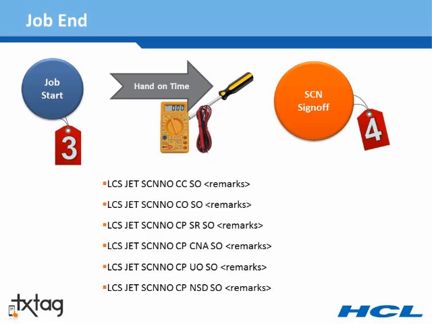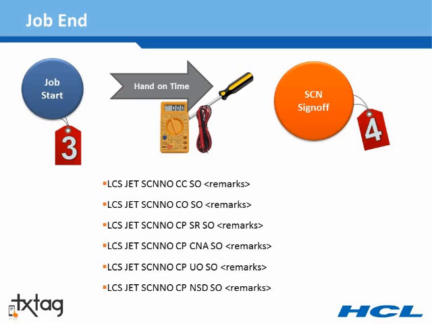UO is under observation. So LCS space JET space SCN number space CP space UO space SO number followed by remarks. You can indicate that the latest driver was loaded in the system and now the system is under observation. You can type in any remarks. If there are no remarks to type, you can also send it without remarks.